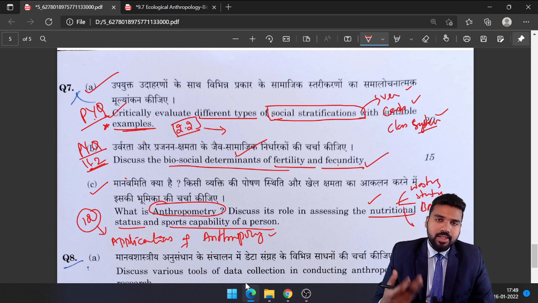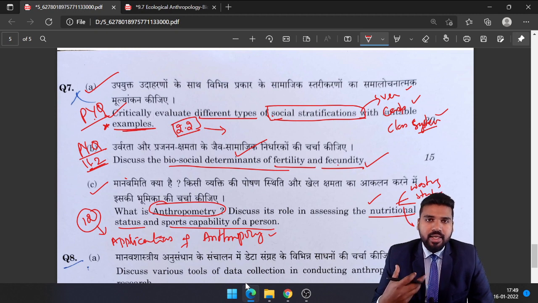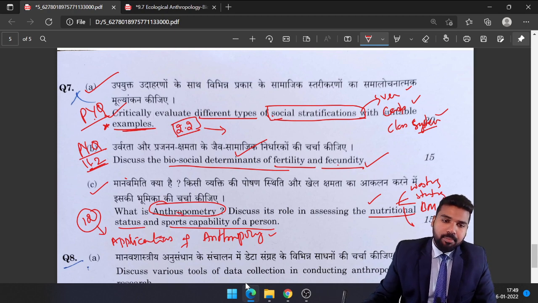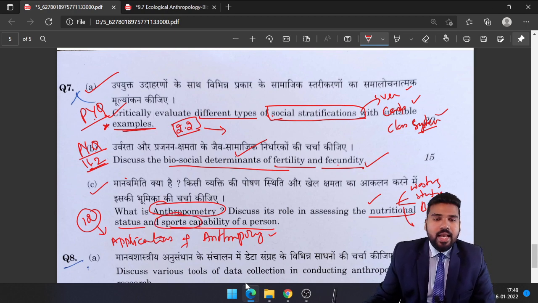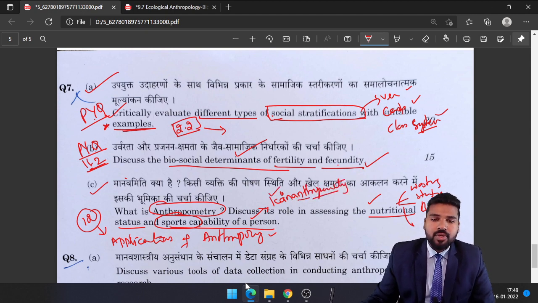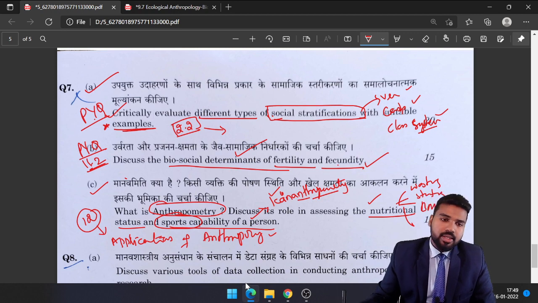So these are the different anthropometric methods or parameters that we use to assess nutritional imbalances or nutritional status, and based on that we can apply this knowledge in enhancing the capability of a person for sports, which we call kinanthropometry. We have seen this also, right? So this is that particular question, from chapter number 12.